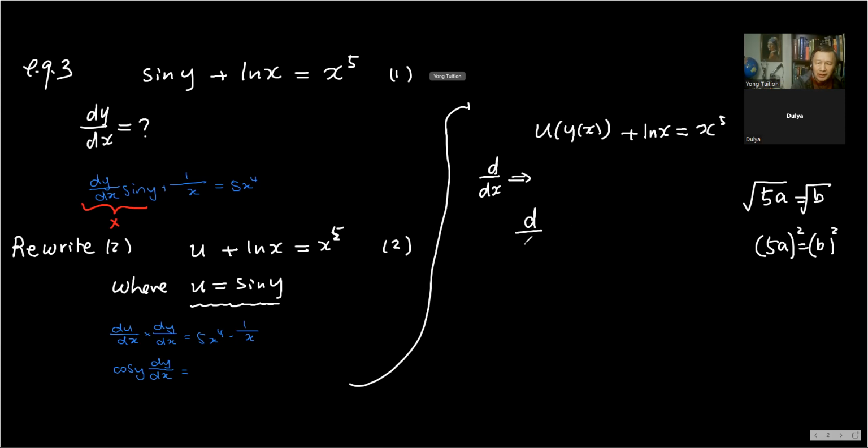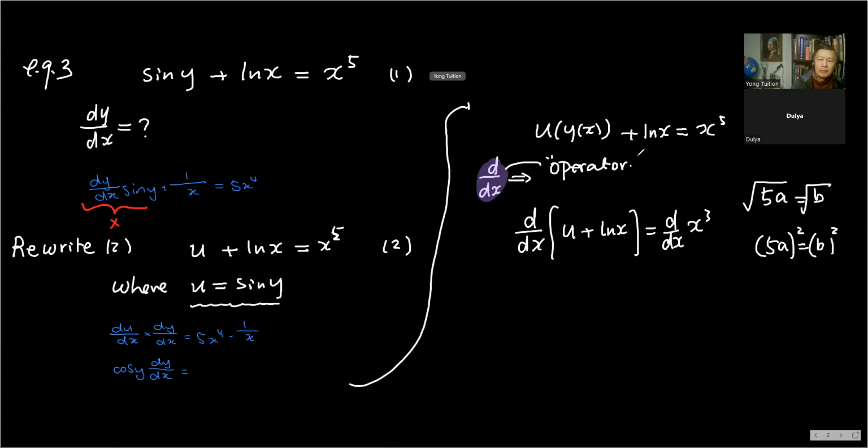We can apply d/dx on both sides. That is just u plus log x, and the right-hand side is just d/dx. This is how to treat differentiation as an operator, a mathematical operator.